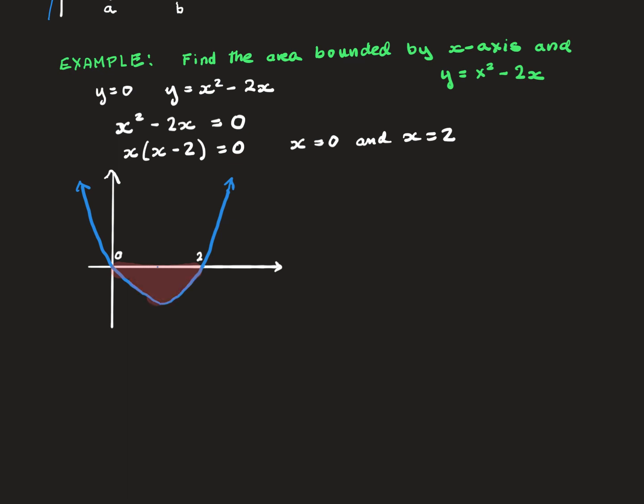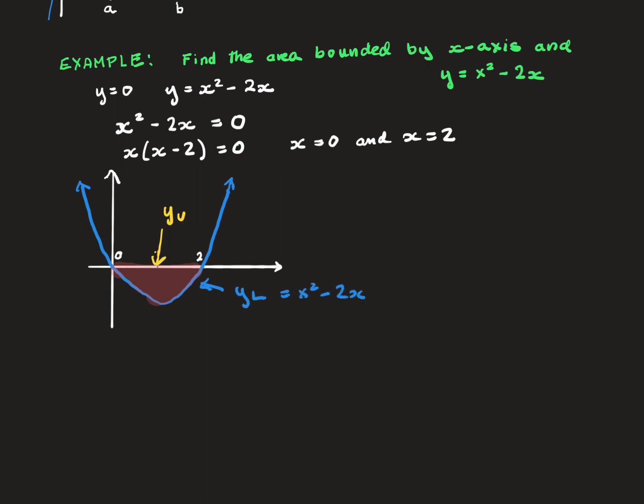So that means that our x-axis is going to be the upper function. And the blue function here is going to be the lower function, and that is x squared minus 2x.